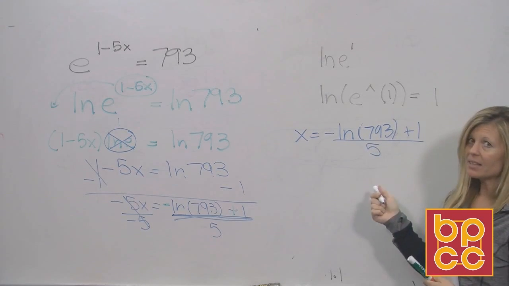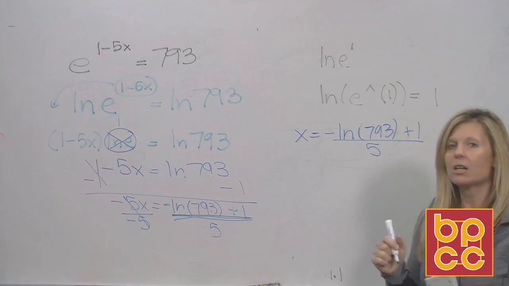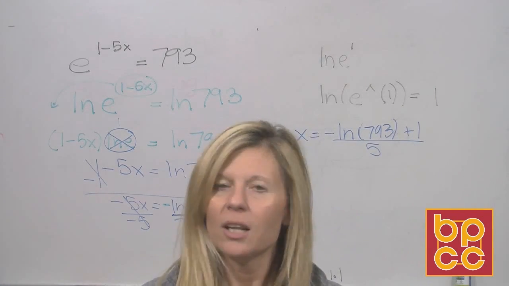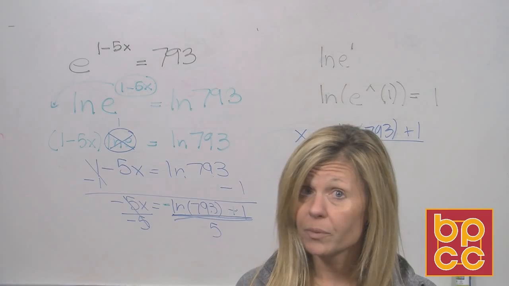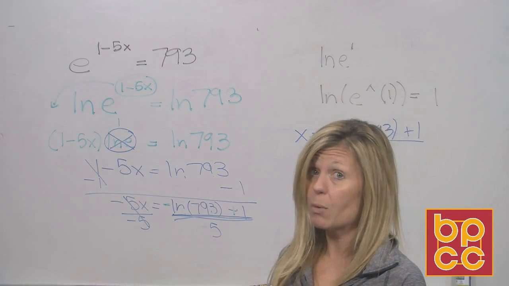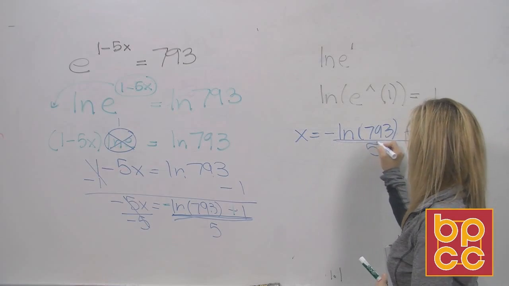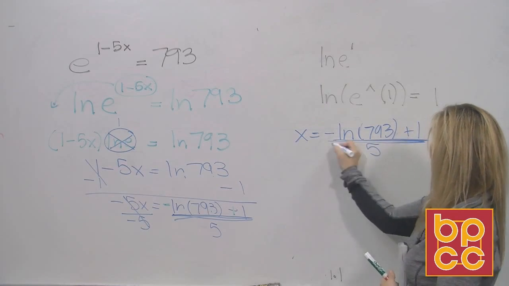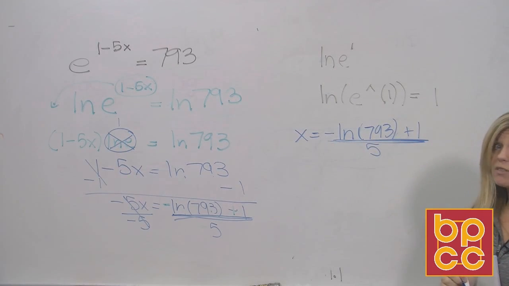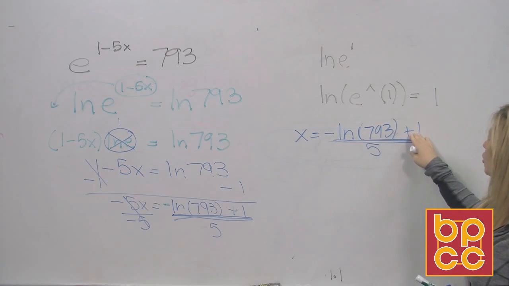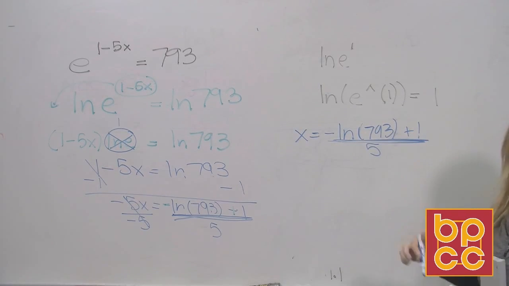Now, typing this in is a nightmare because you have to be smarter than the calculator. The calculator is not smart at all. The calculator is going to give you an answer for what you type in. It is very important you understand this division bar goes all the way across, which means who are you dividing by 5? Are you dividing the natural log by 5, the 1 by 5, or both of them?